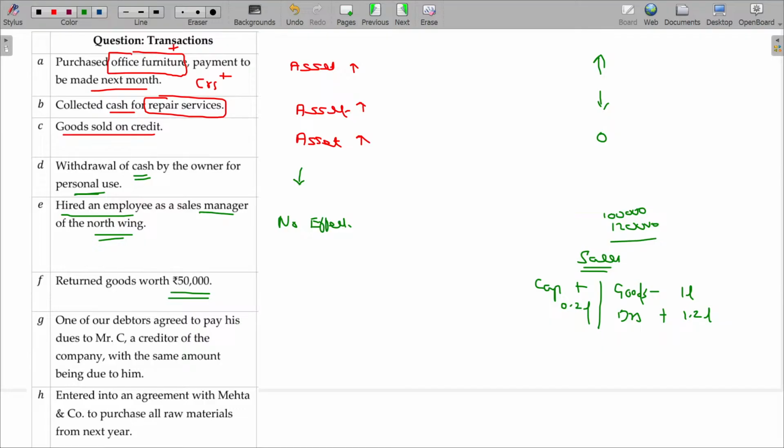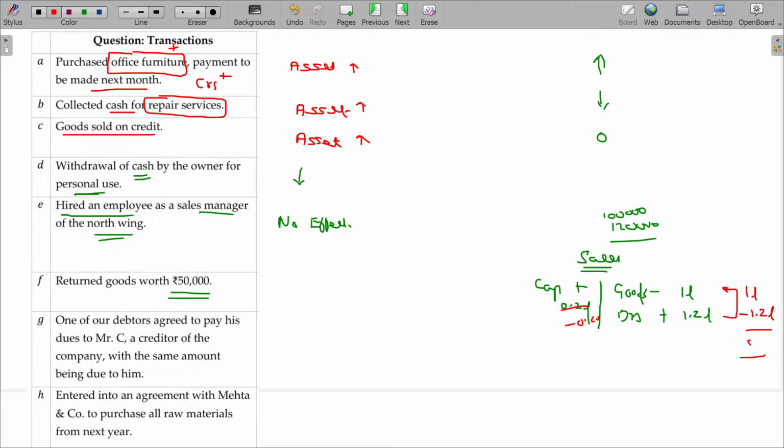In case of sales return, what happens? This fellow says, I don't want the goods, sir, it's not up to the mark of my requirement. I am returning. If he is returning, my goods will increase by 1 lakh, debtors will decrease by 1.2 lakhs, and my profit will decrease by 0.2 lakhs.